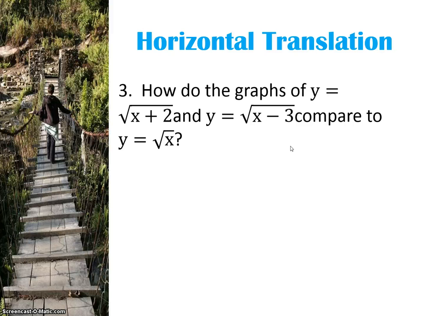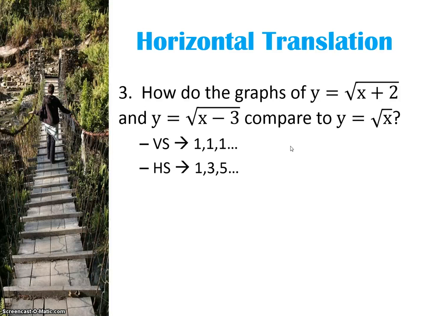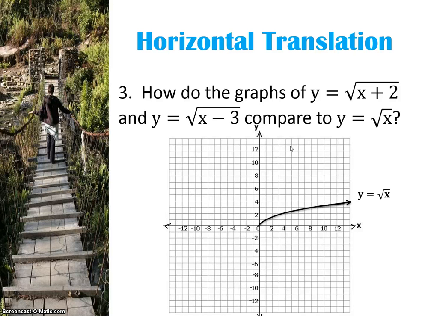So not on the outside of the root sign, it's now on the inside. First, we do the same step pattern to graph our original, and then this is going to move it left 2 versus this one, which is a right 3. So left 2 for the orange and right 3 for the green, which is what happened before with parabolas.